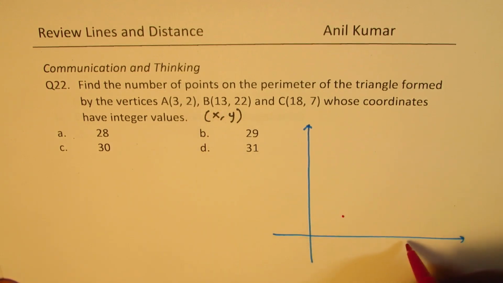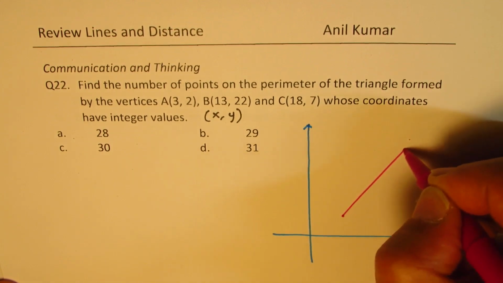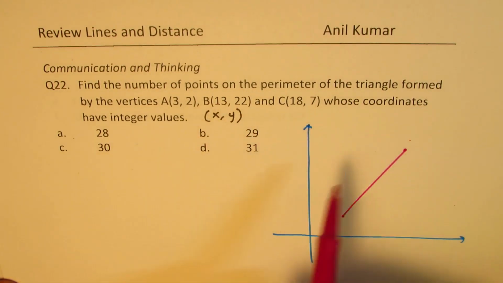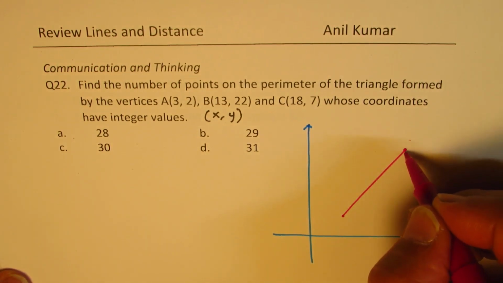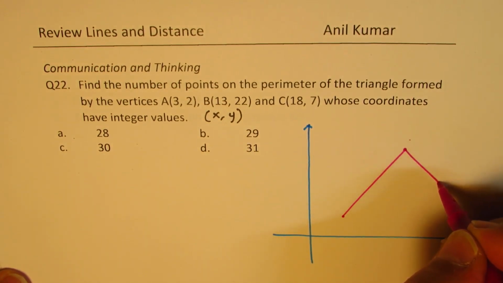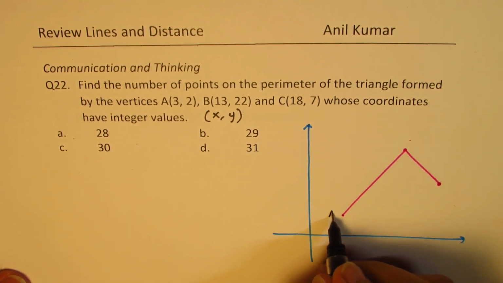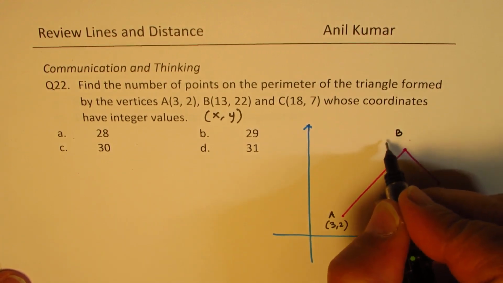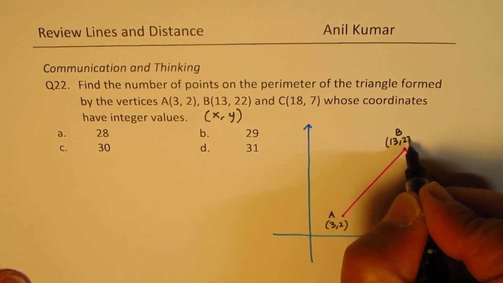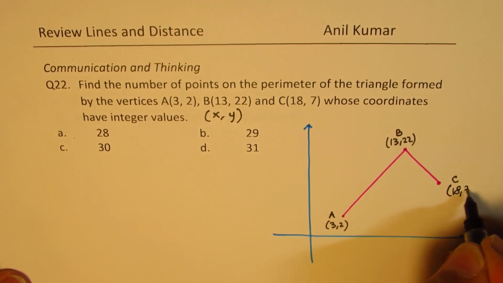So if we go 13 somewhere here and then 22, let me just draw a point here. Then 18, 7, a bit here and slightly down. So we have 3 points here: A, which is 3, 2, then B, which is 13, 22, and C, which is 18, 7.